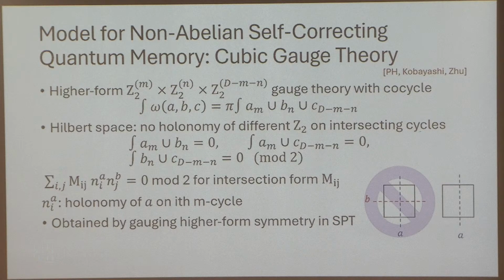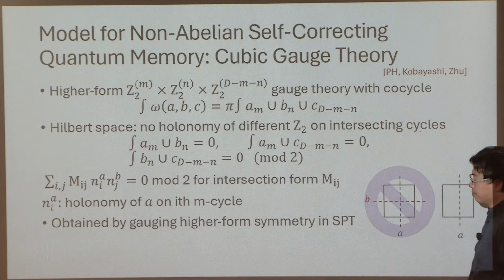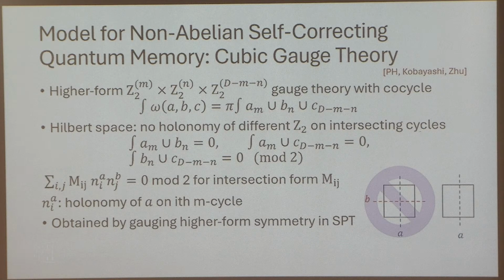Okay, so let me tell you what co-cycle I use in order to get this twisted gauge theory. This co-cycle is a co-cycle for 3 copies of Z2. In the simplest scenario, each Z2 lives on plaquettes of the space, on the 5D space.